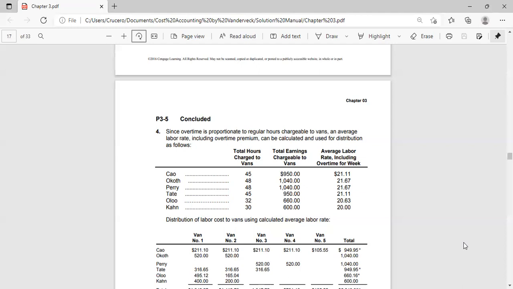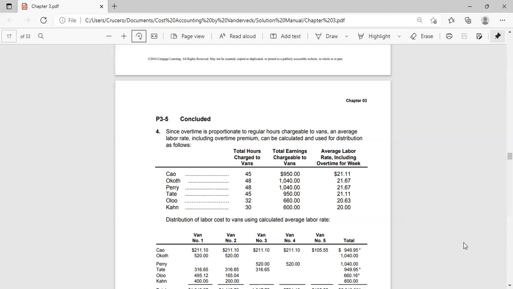Okay, so we now get the rate for Perry, still 21.67, but he worked on job number 3 and 4. So for Perry we have 520 and 520, 1,040. The 520 of Perry is 21.67 times the number of hours.